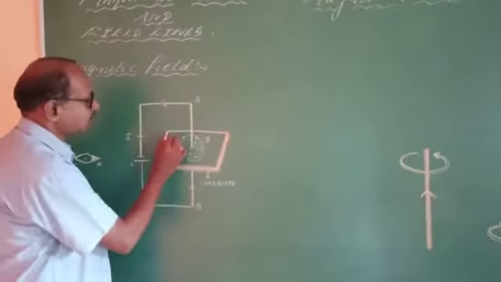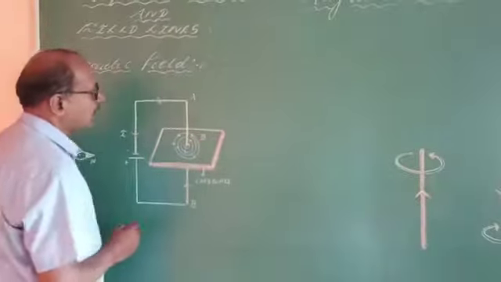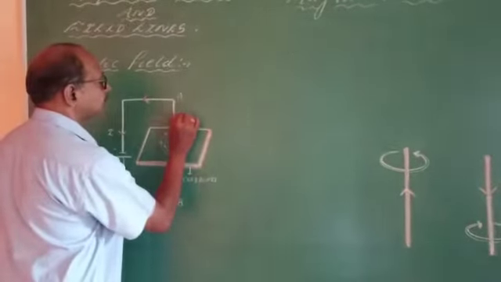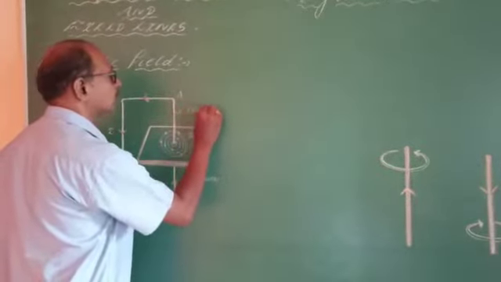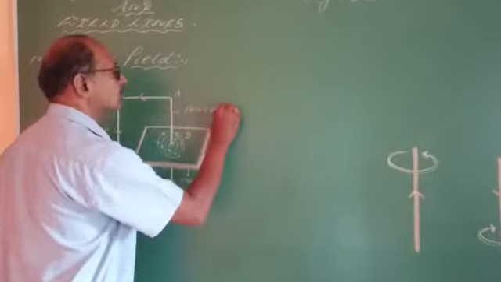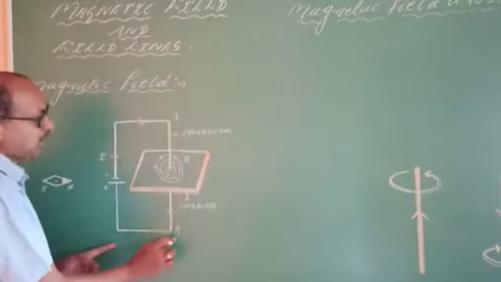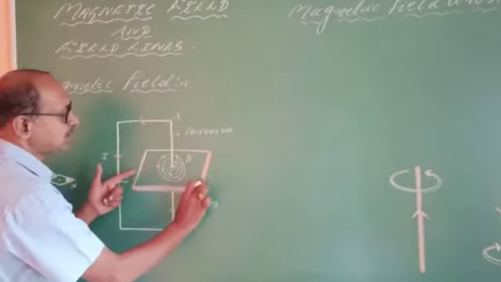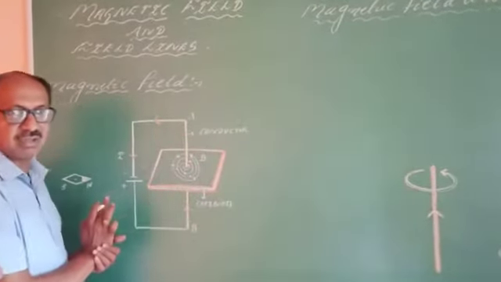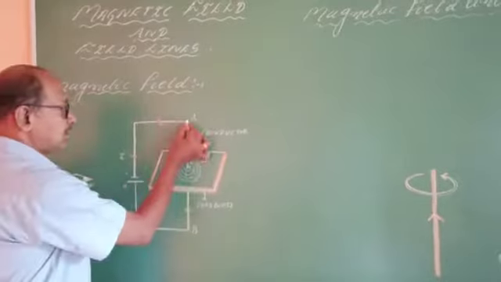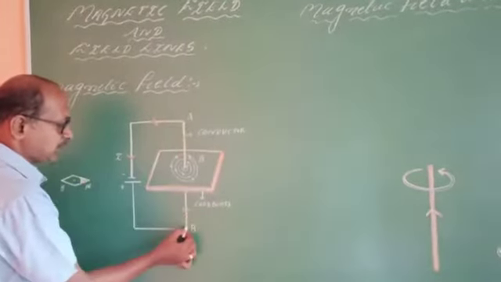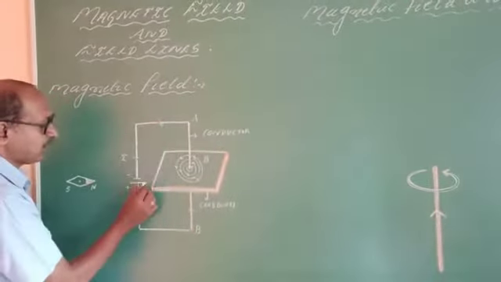We have one cardboard here, and here is the conductor. This conductor AB is passed through the center of this cardboard, and terminals A and B are connected to a battery.